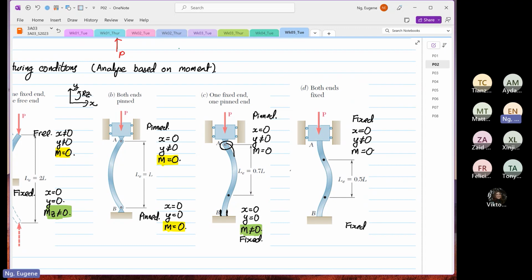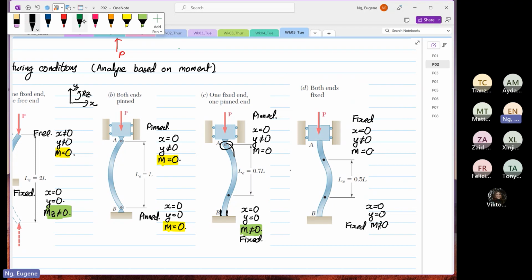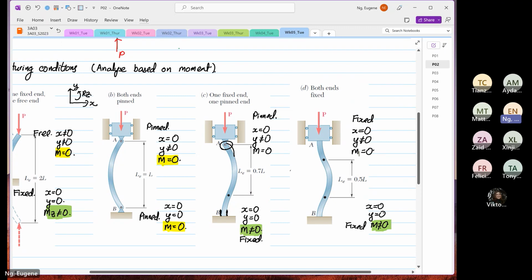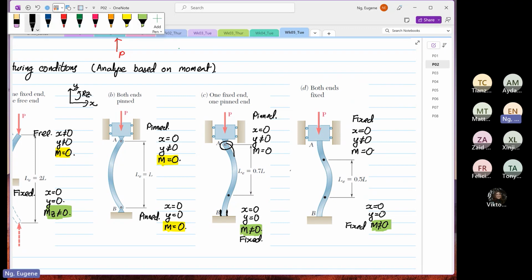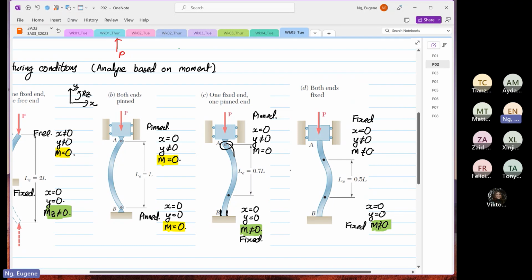That's why you call it pinned. Whereas at the other end, x is equal to 0, y is equal to 0, moment is not equal to 0. That's why it's called fixed. So the most important thing in the fixed end is that the moment has to be not equal to 0. I got it wrong earlier, I do apologize.